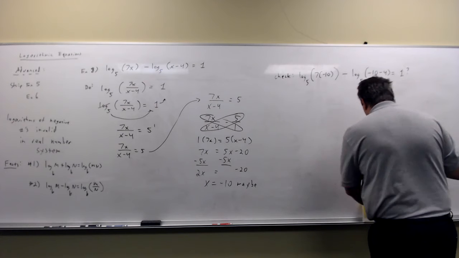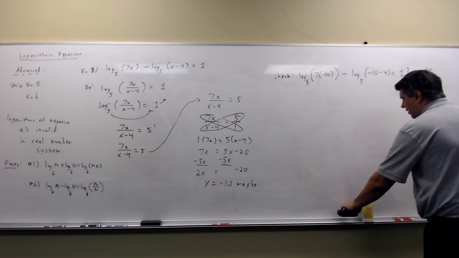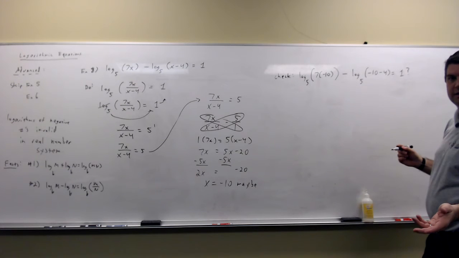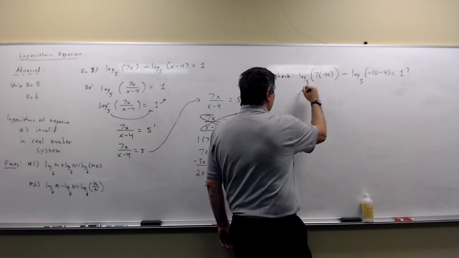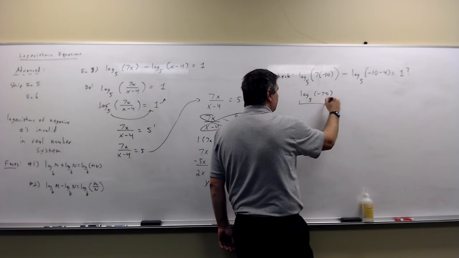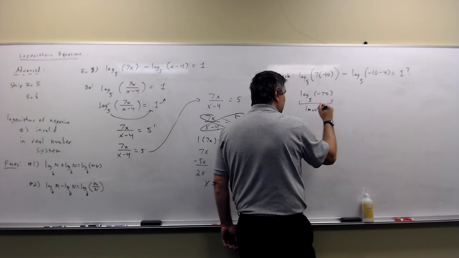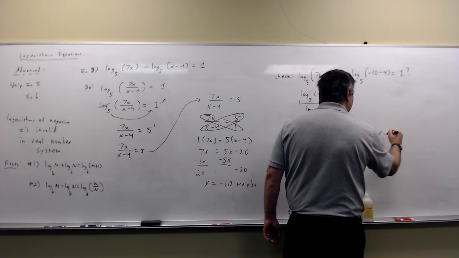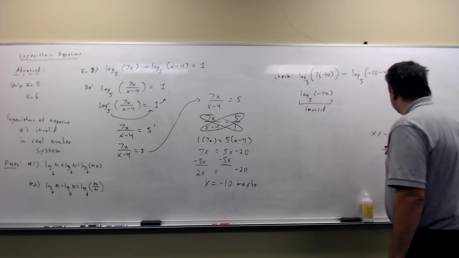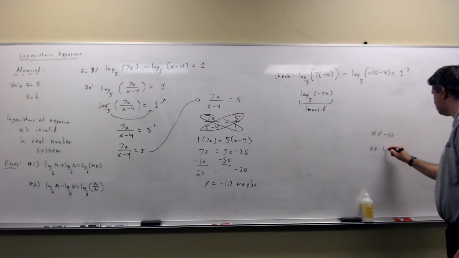Again, I'm not really going to have to calculate any logarithms. I just have to determine whether or not there are logarithms of positive numbers. So this will be log base 5 of negative 70. That's invalid. So x does not equal negative 10. Because that was the only prospective solution, there's no solution.